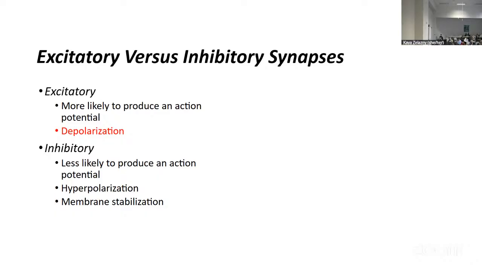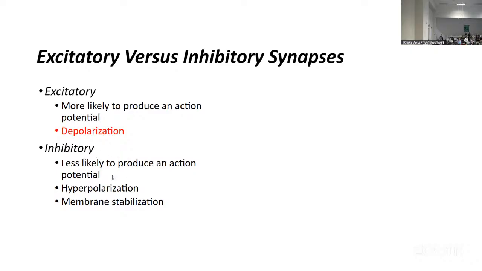You might even be able to describe certain synapses as being excitatory, so tending to turn that next neuron on, or inhibitory, tending to turn it off. So inhibitory, we're going down, down, down, hyperpolarizing, or stabilizing the membrane, making it just hard to get more positive, harder to reach threshold, all of which makes it hard to fire an action potential. So just like that refractory period in our phases of the action potential.